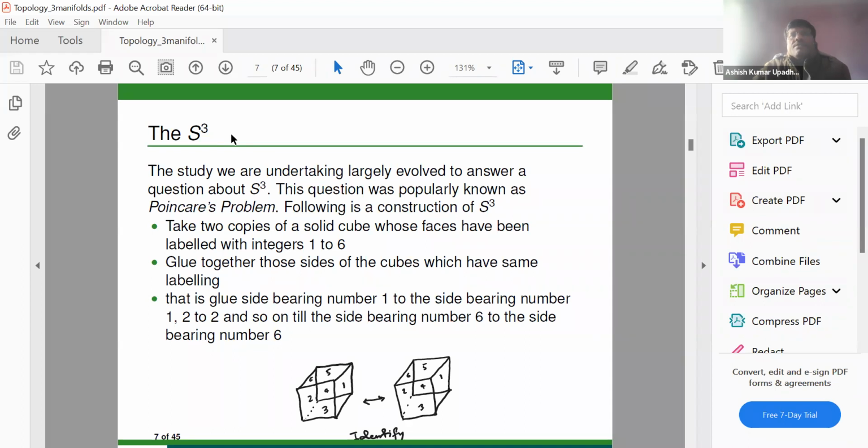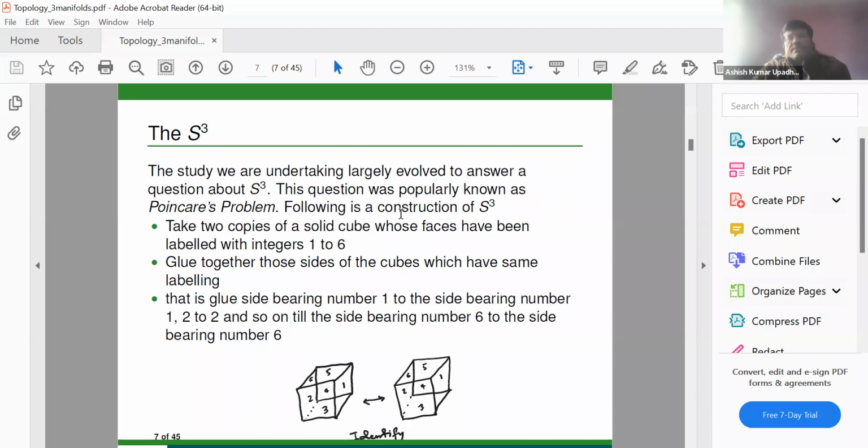The sphere in dimension 2 is the set of all (x, y, z) such that x squared plus y squared plus z squared is equal to 1. Similarly, we can define S3, which will lie in R4. This question was popularly known earlier as the Poincare conjecture, and now I am calling it Poincare's problem for some reason.